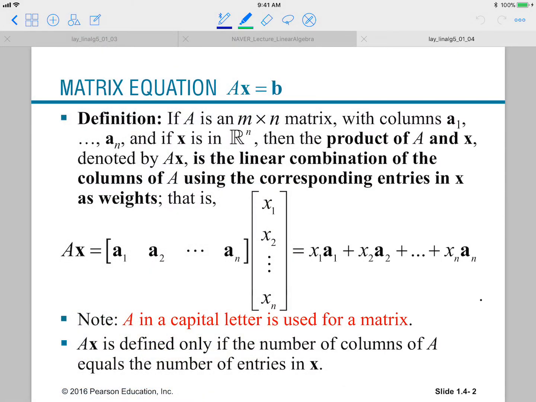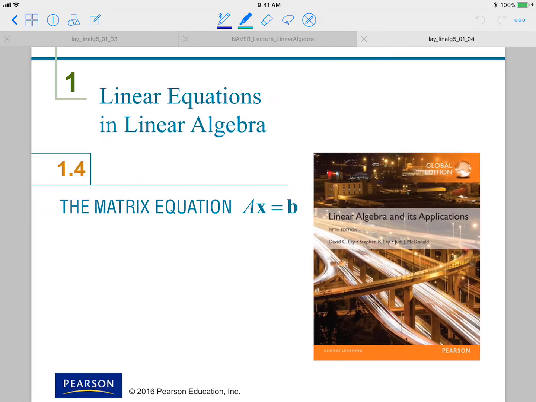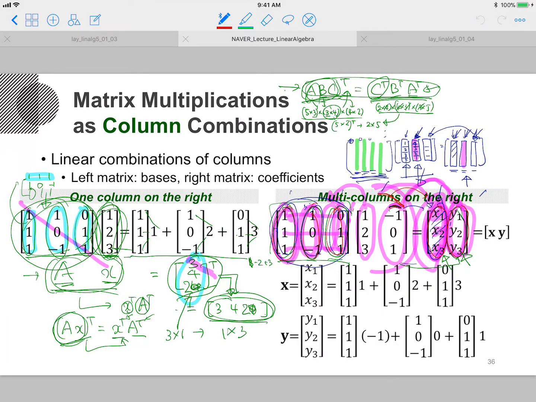Okay, let's go through our lecture slides. In section 1.4, although we study much content, the title is matrix equation. So we studied the linear system, and then the vector equation form, and we now learn the matrix equation form, which is really simple, and this is already what we learned.